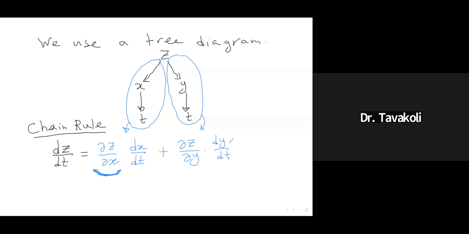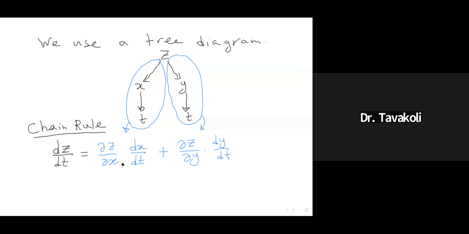So this is one chain rule regarding these kinds of problems, where z is a function of x and y, which on their own are functions of a single variable t.